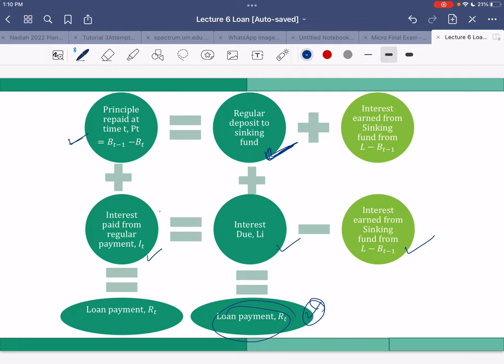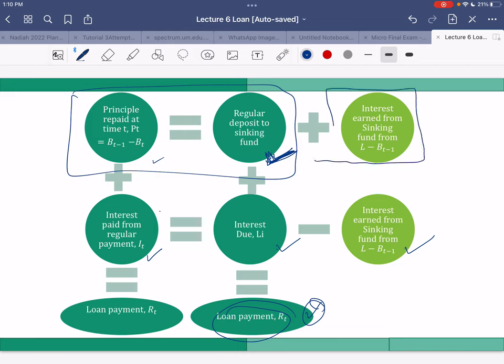The principal repaid is not just the regular deposit to the sinking fund, it's more than that. So these two are not equivalent. The principal repaid does not depend only on the regular deposit to the sinking fund, but also on the interest earned from the sinking fund.